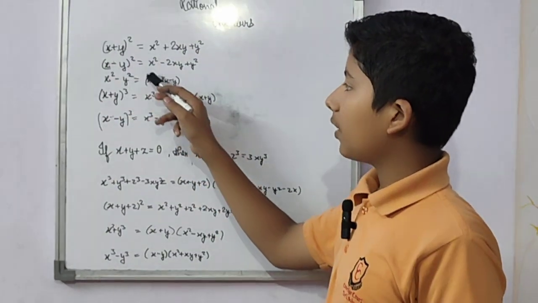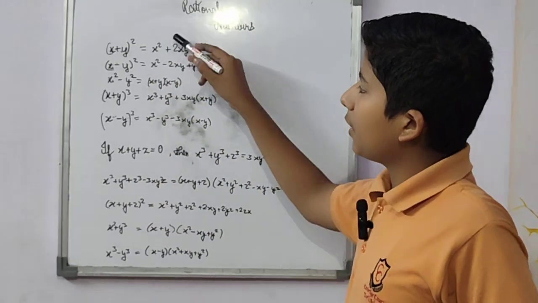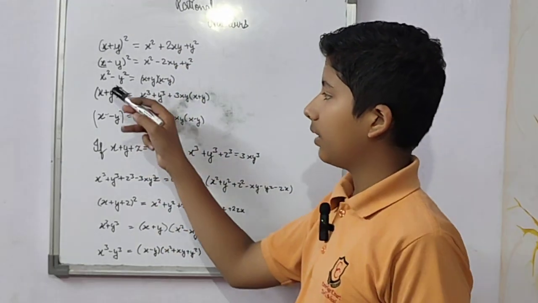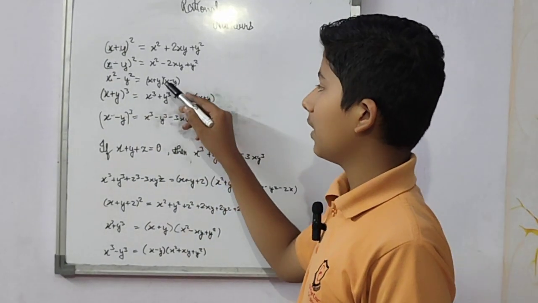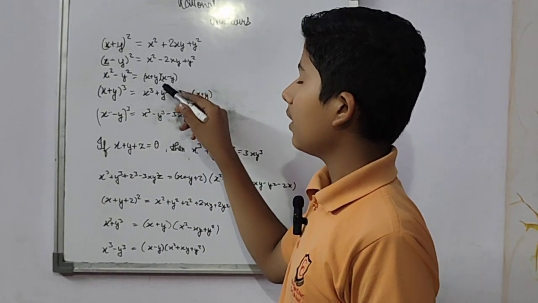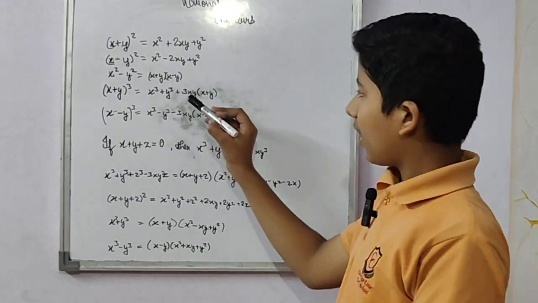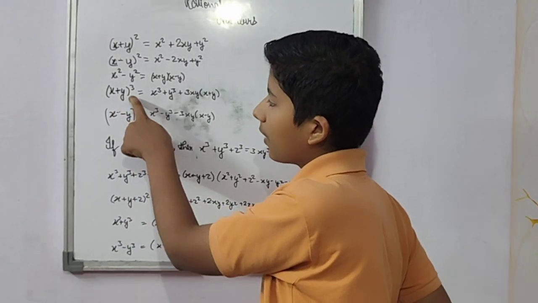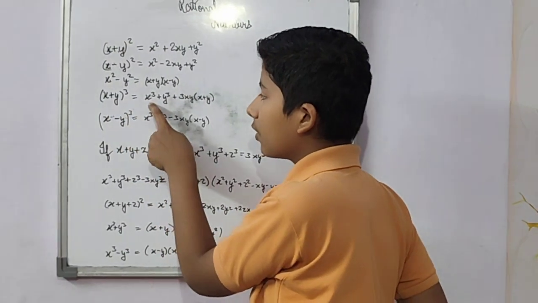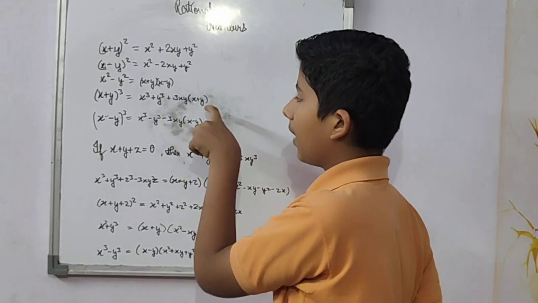Next, (x minus y) whole square is x square minus 2xy plus y square, means only the symbol will change to minus. Then x square minus y square: firstly we will add both of them, multiply, then subtract both of them, so (x plus y)(x minus y). Now next, (x plus y) whole cube. It will be x cube plus y cube plus 3xy multiplied by (x plus y).